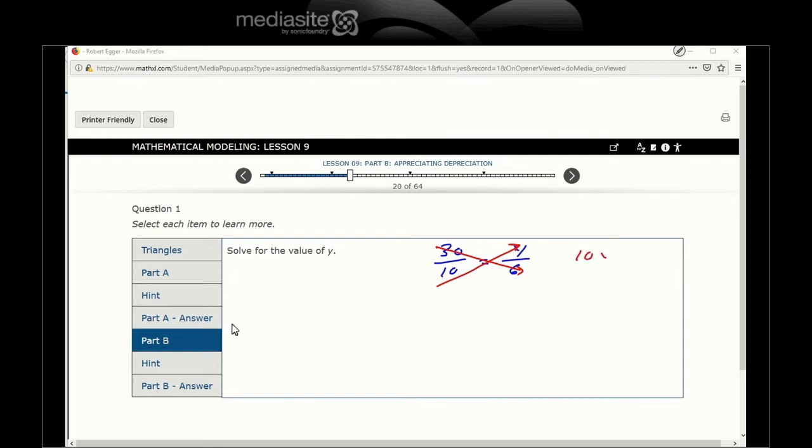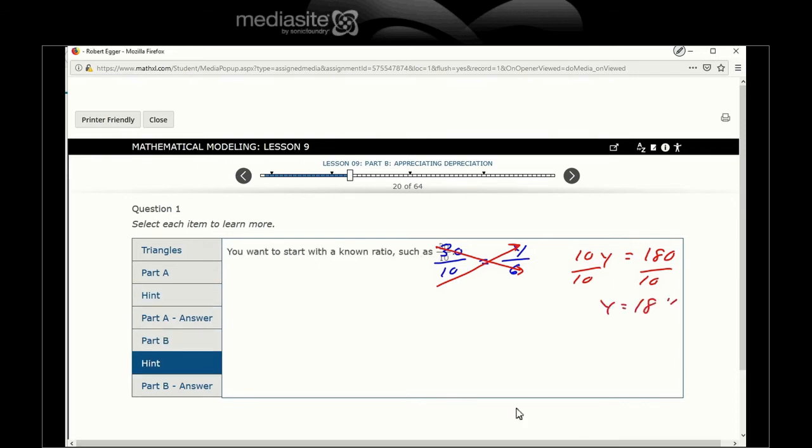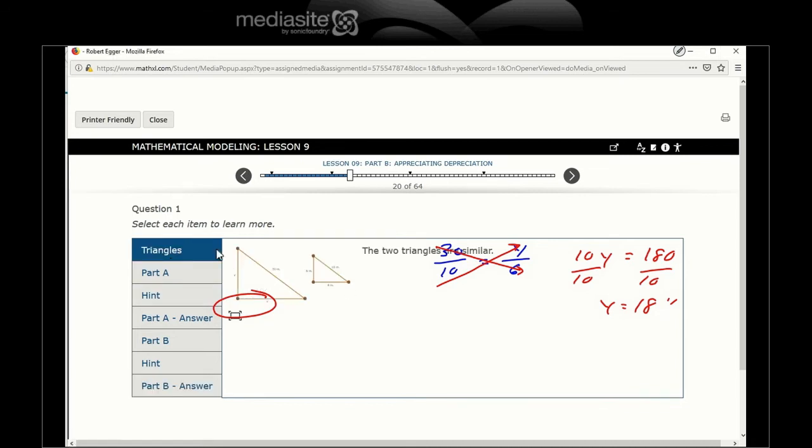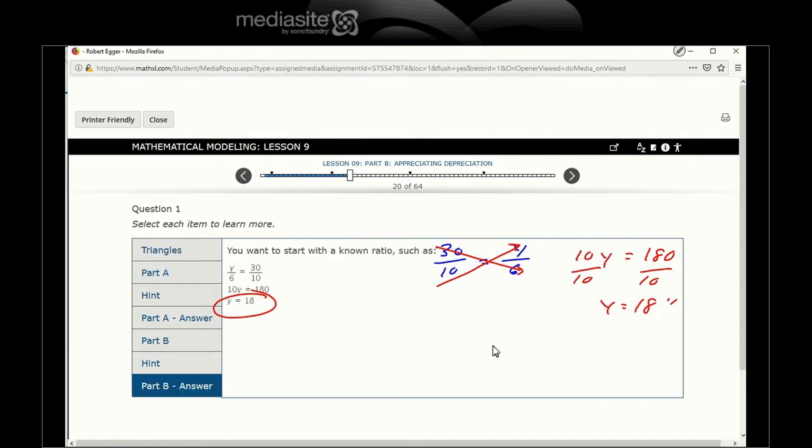So 10y equals 30 times 6, which is 180, divided by 10, we get y equals 18 inches. Yep, 18, which we also solved on the triangle.